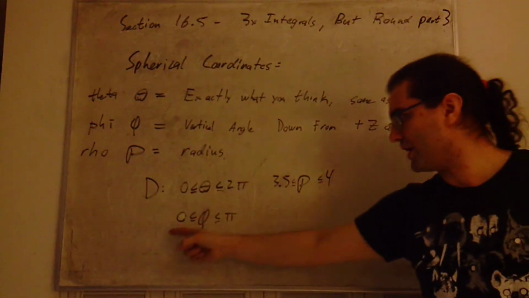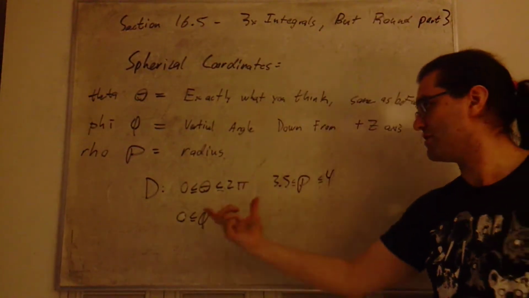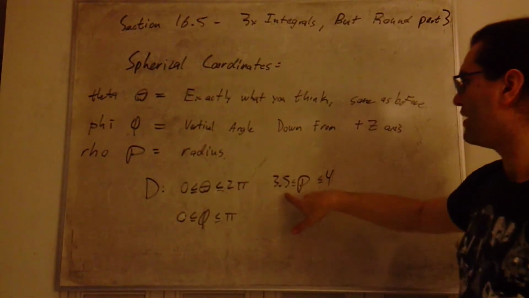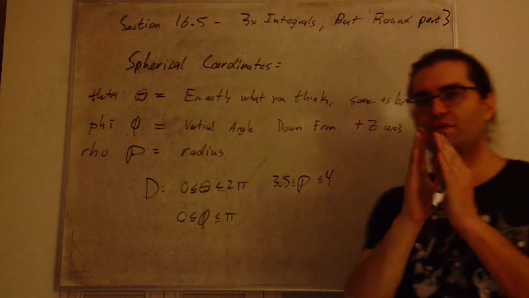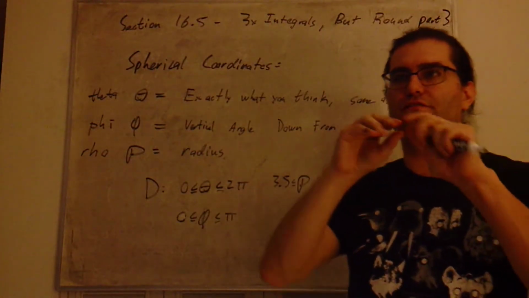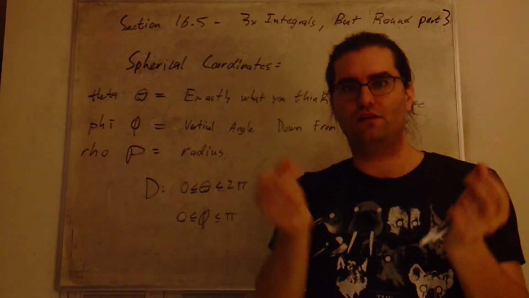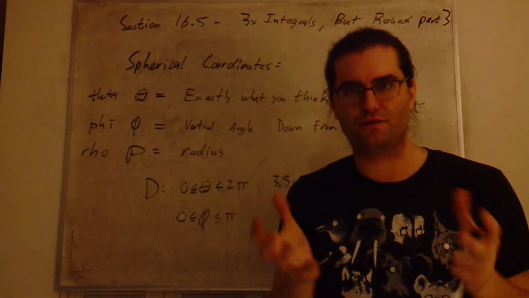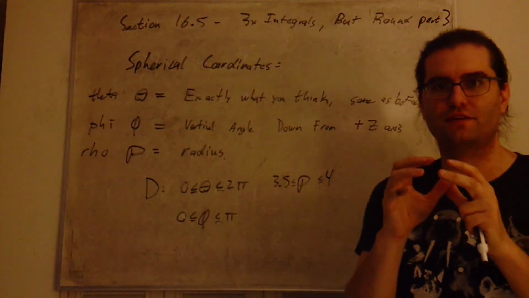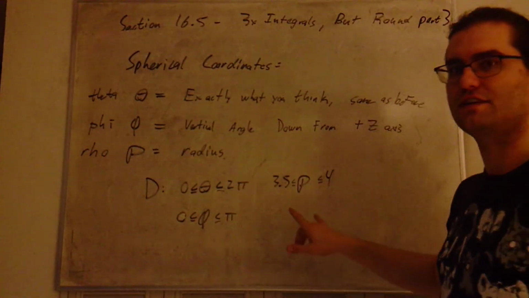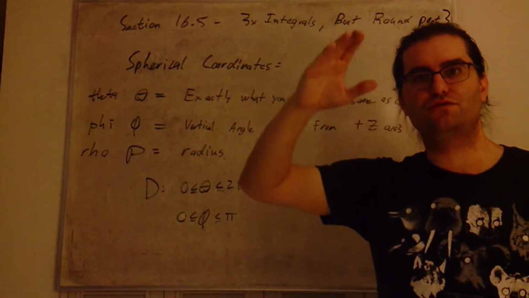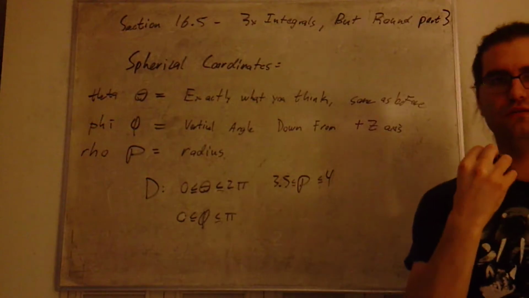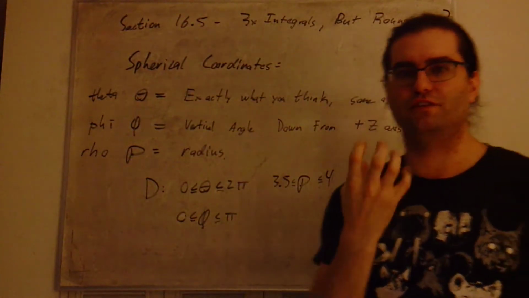Theta going all the way around and phi going all the way down, this will generate the entire sphere. If rho only gets to go between 3.5 and 4, that means that we have a shell of a sphere. Like there's an outside sphere with a radius of 4, and there's an inside sphere with a radius of 3.5. And this is giving us all the volume between those two spheres without giving us the full filled inside of those spheres.